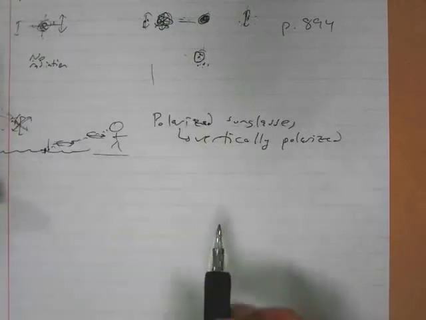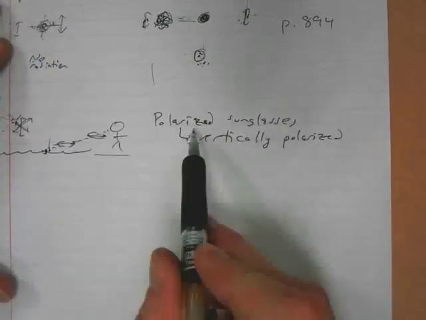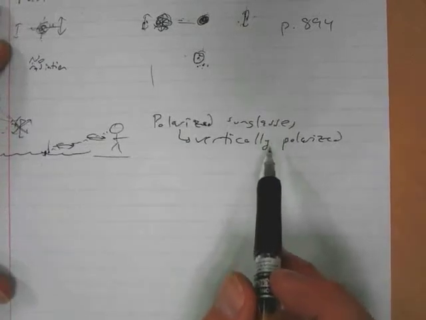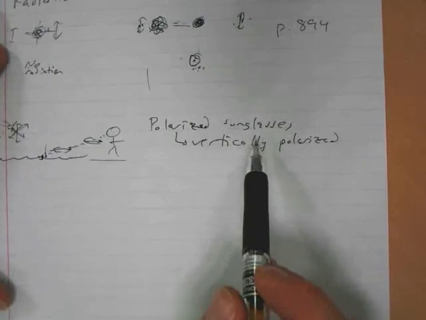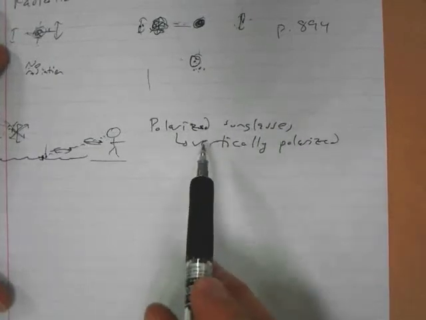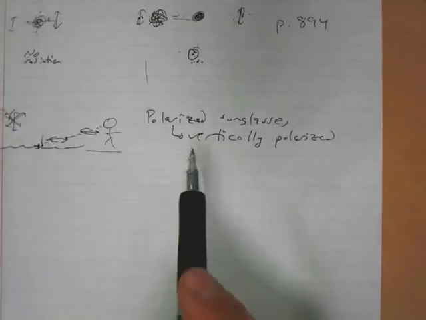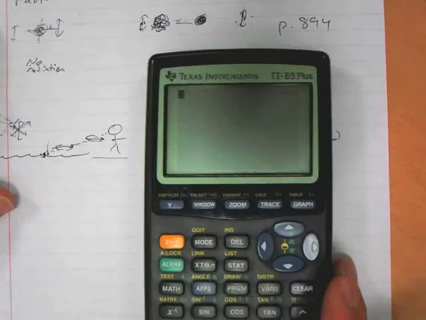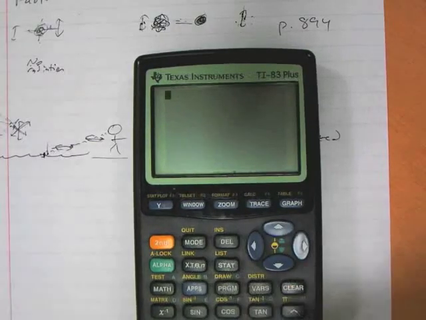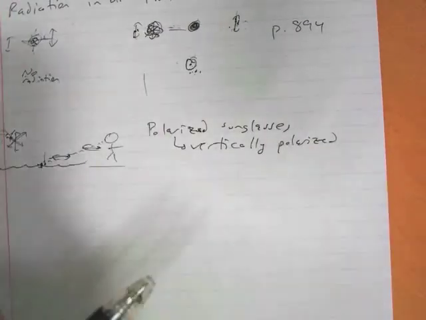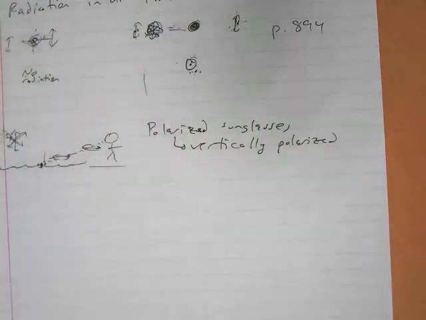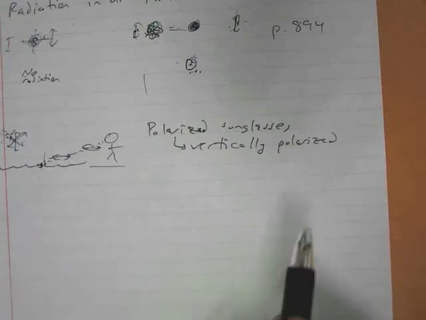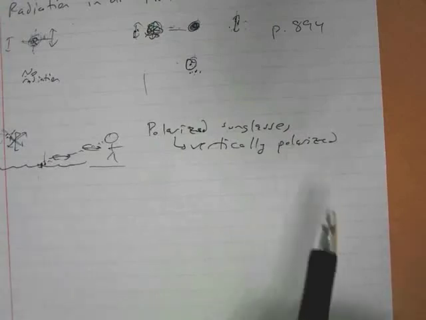So if you have reasonably nice sunglasses, they're probably polarized. And if you're not sure, you can tell by looking at your computer screen. It's an LCD display, and that LCD display is vertically polarized.